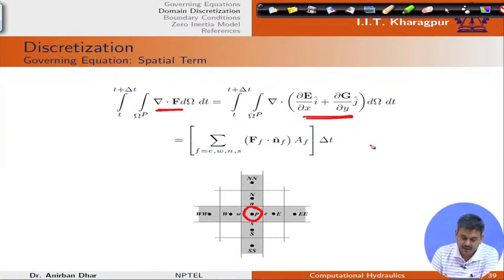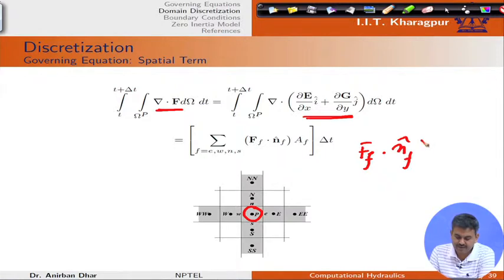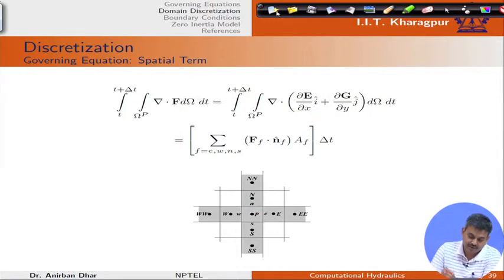Again this f dot n_f, where f represents a particular face, the divergence of f in that one and the area of the face there. So, for all faces of a rectangular domain we have east, west, north, south. For all faces we can write these components. So, we will have 4 components out of this, the east, west, north, south.